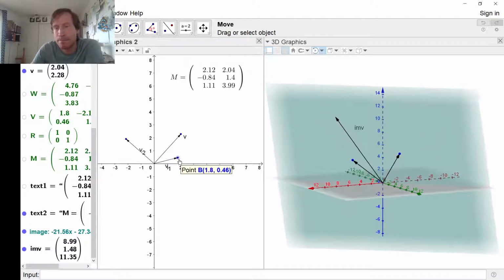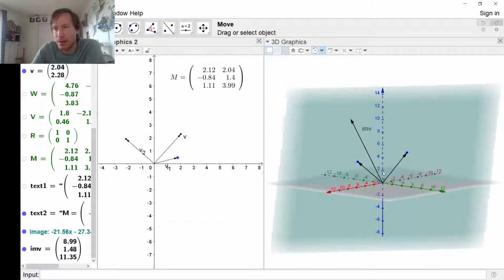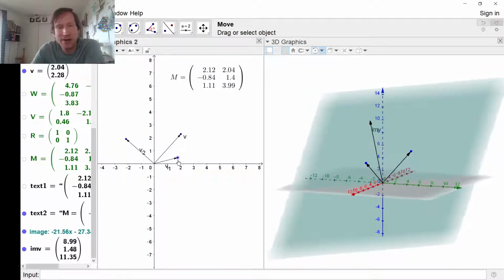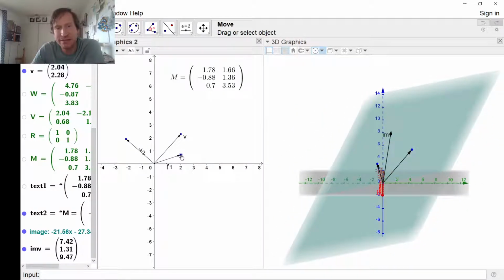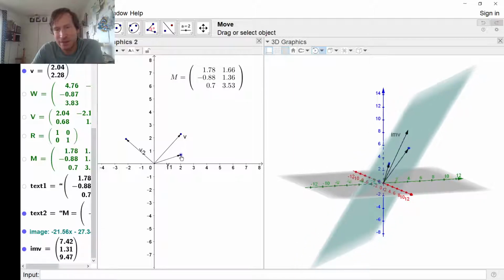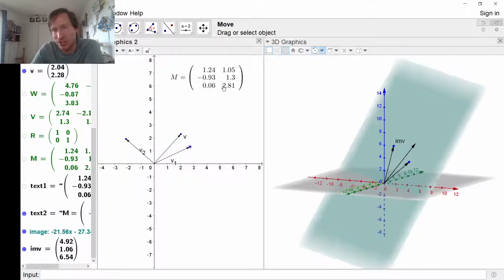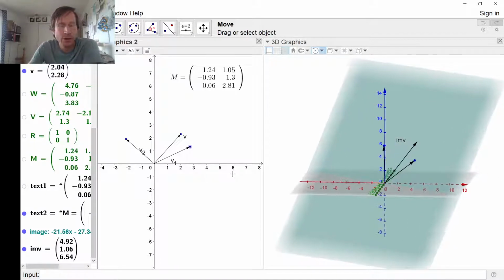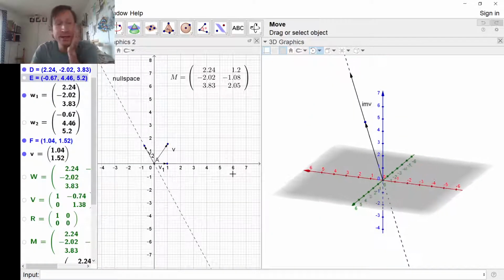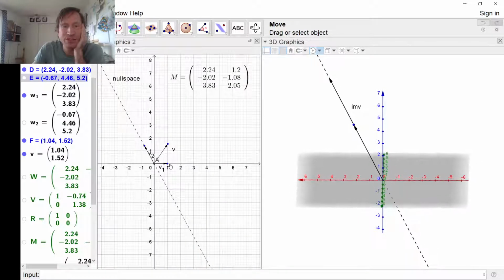So the thing I'm trying to point out is that this basis gets sent to these two output vectors, so if I change the basis, the matrix will change. Okay. So here is sort of the same situation, right?